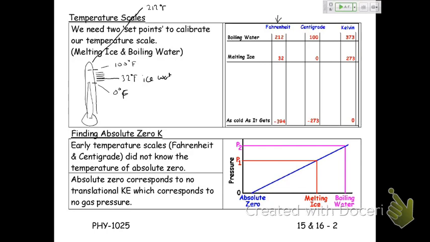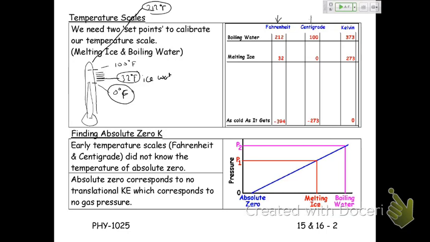I mean, it's pretty close to it. The problem with that scale is it's a wacky number for boiling water and a wacky number for ice water.